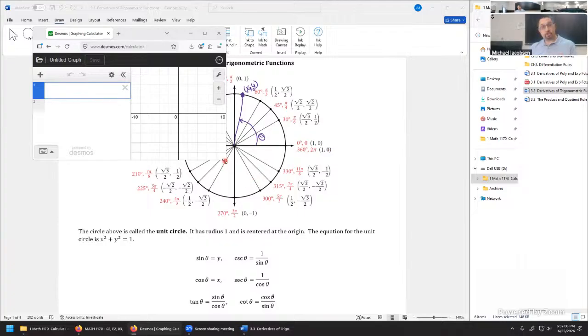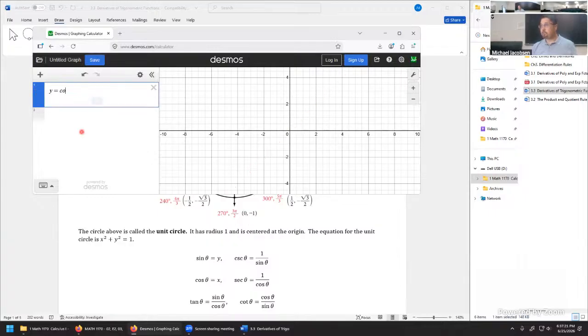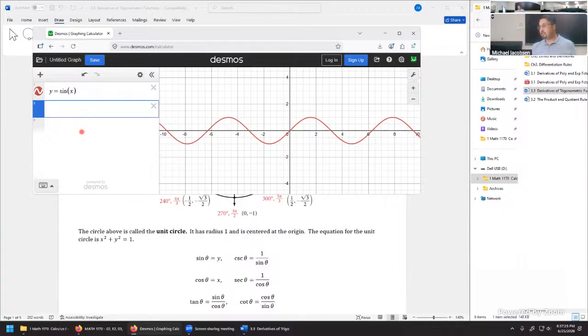I'll leave it up to your reading to show you how that goes so we don't take up too much time doing a derivation. But here's another graph that's shown in the book as well that makes the results seem pretty plausible. Let's put down 2 functions. Let's actually start with y equals sine of x.